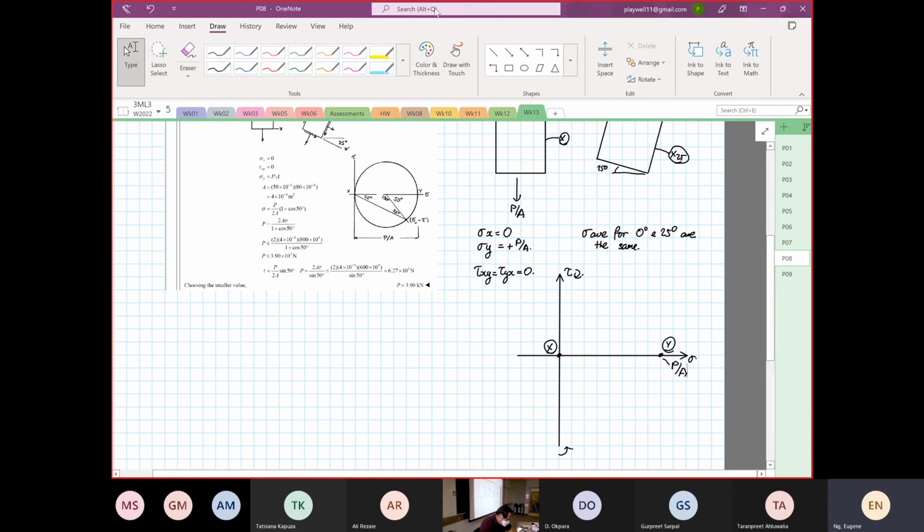Okay. So we are going to sketch a circle now. And we know that over here, the center of the circle will be common for either 0 degrees element orientation or 25 degrees or whatever angle. So we know this is our average stress.